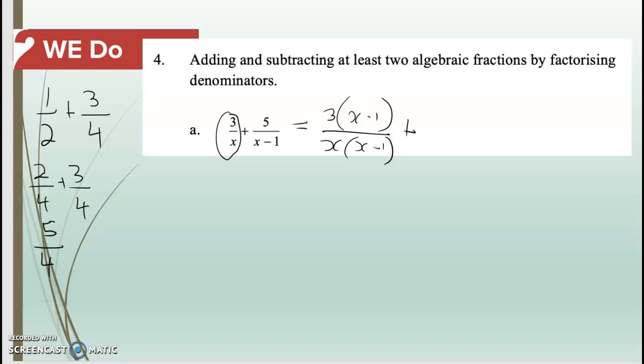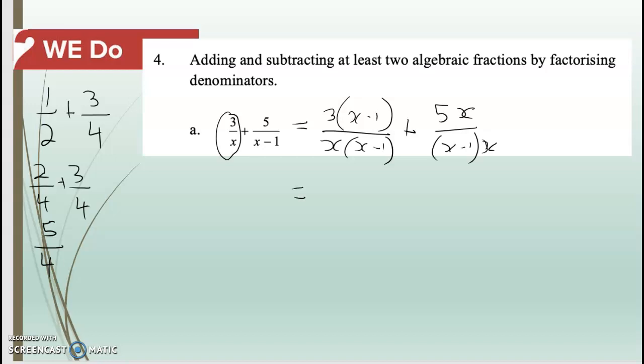Now the second part, the factor that's missing is x, so I multiply the top and the bottom by x. So x goes on the top, and I had an x minus 1 on the bottom, which I multiply by x. Now my denominators have the same factors on the first and second fraction.